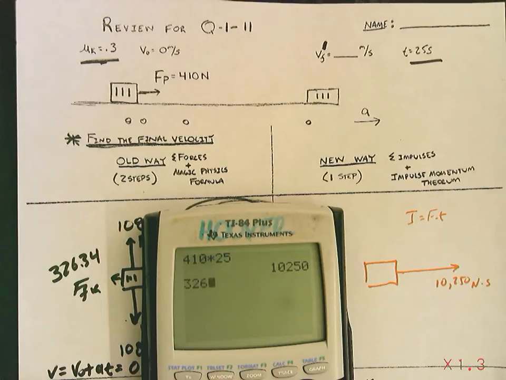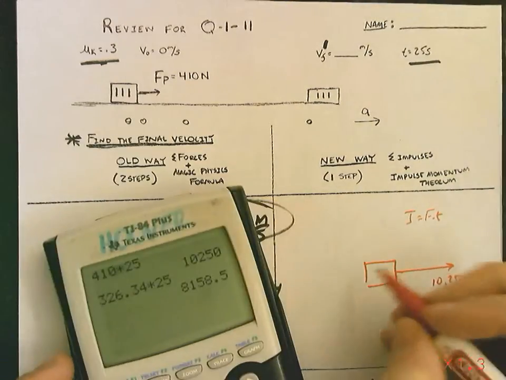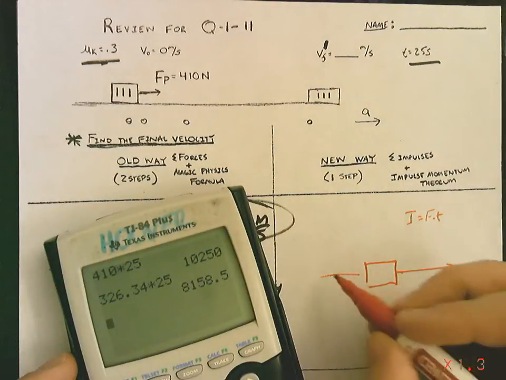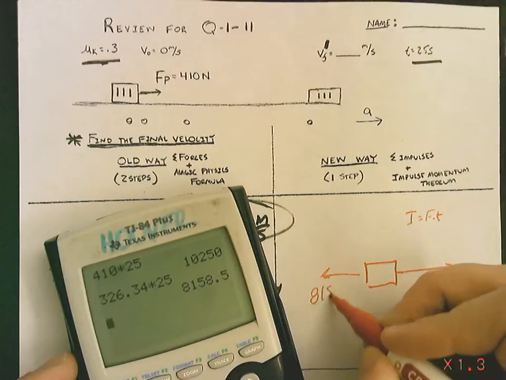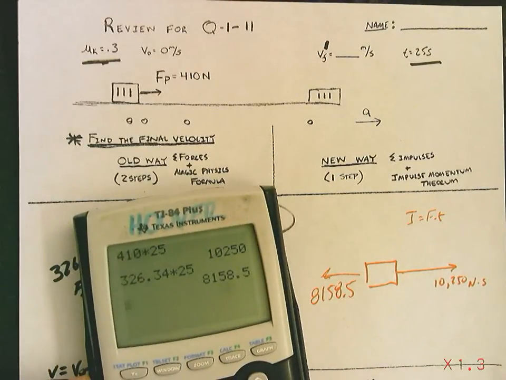And then I want to do the same thing for the friction. Friction was 326.34, and I multiply by the time, 25. I get a number of 8158.5. So then I just need to find the difference, 10,250 minus 8158.5.